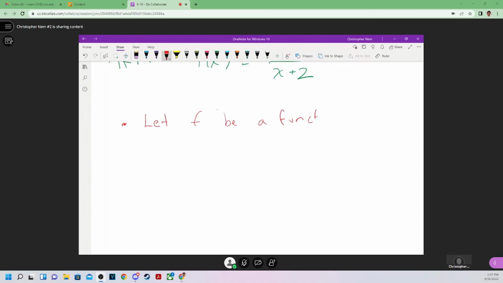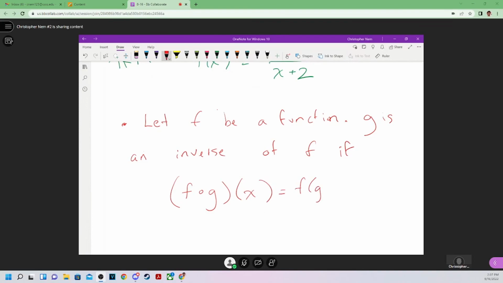If g is an inverse of f, then f of g of x is equal to x.